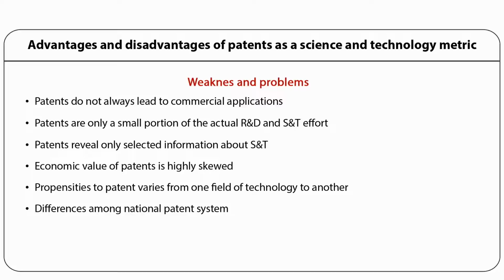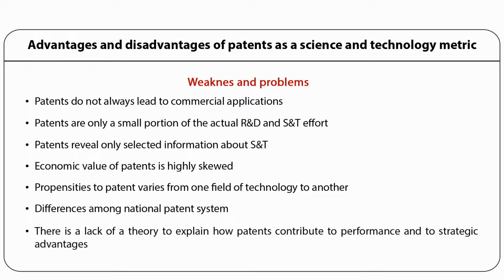For example, software patents cannot be filed and granted in the Indian Patent Office, whereas they are allowed to be filed in the US Patent Office and granted. And software patents are one of the most active areas of patenting in the US Patent Office. There is a lack of theory to explain how patents contribute to performance and to strategic advantages.